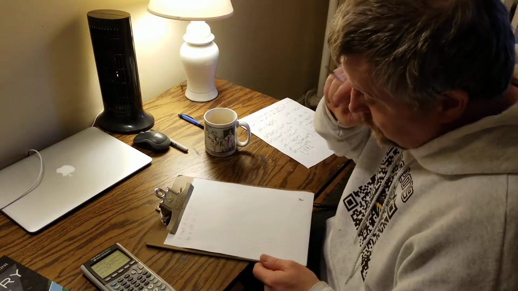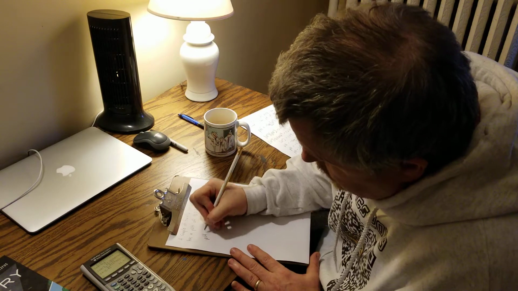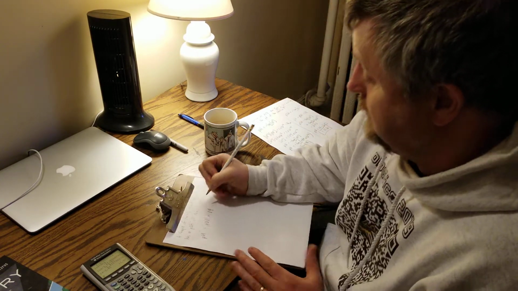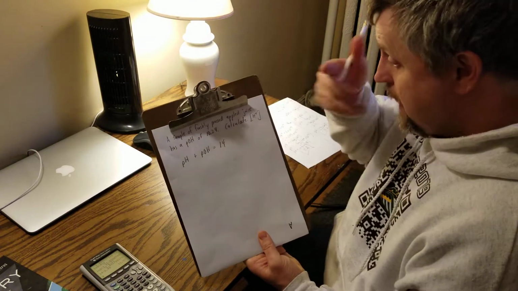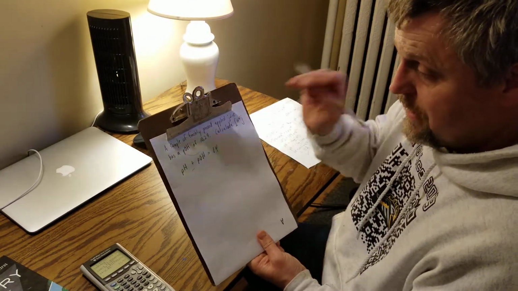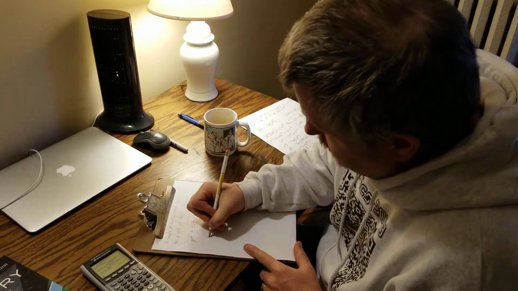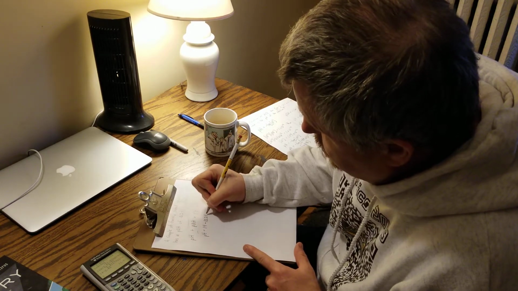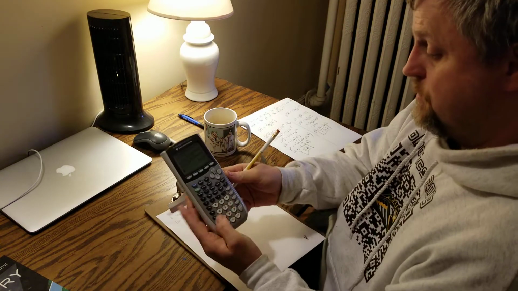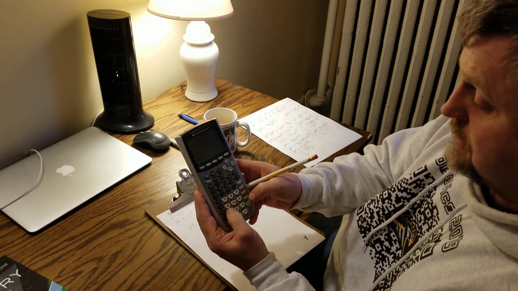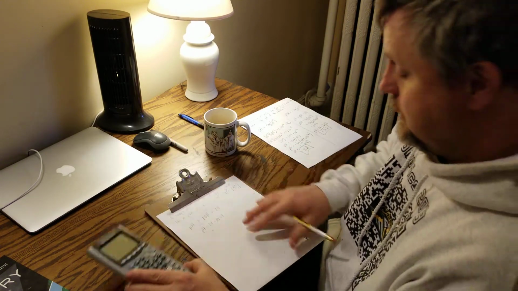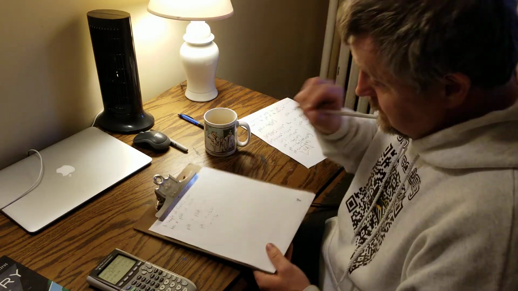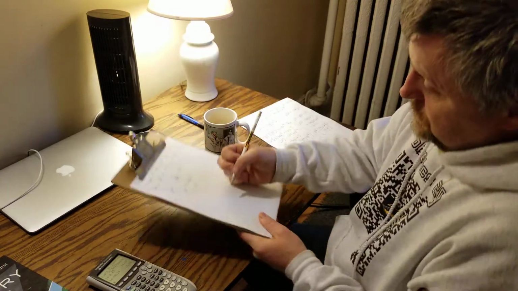I am going to use our pH plus pOH equals 14. We have our pOH, so the pH is going to be relatively simple to find. It is 14 minus 10.24, which is 3.76. That's our pH. And then we need to get the hydrogen concentration.